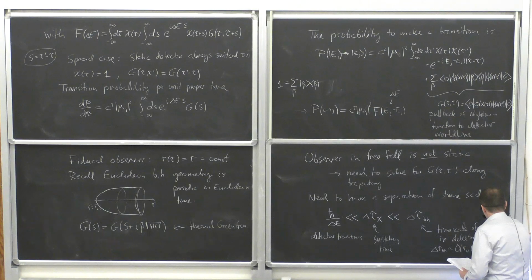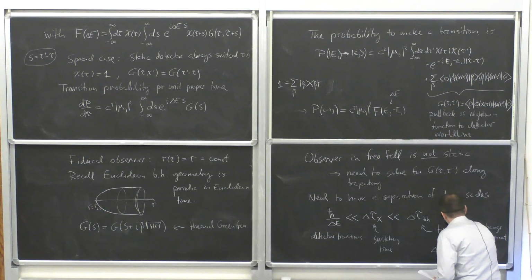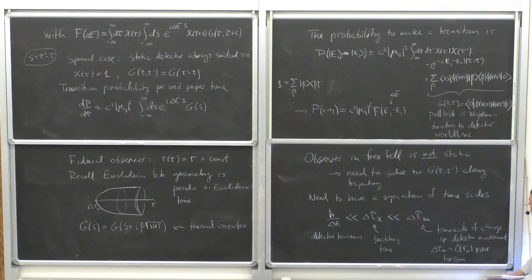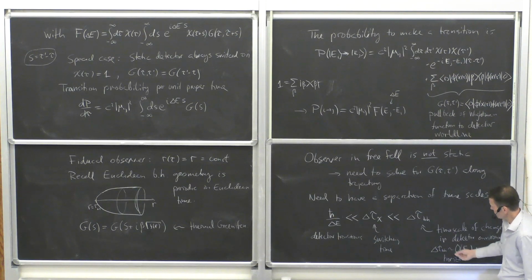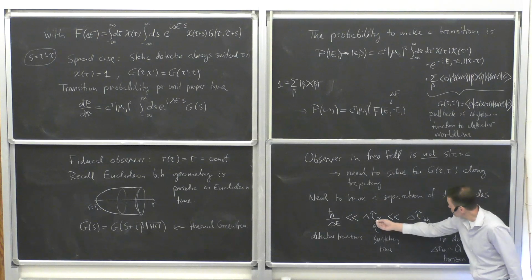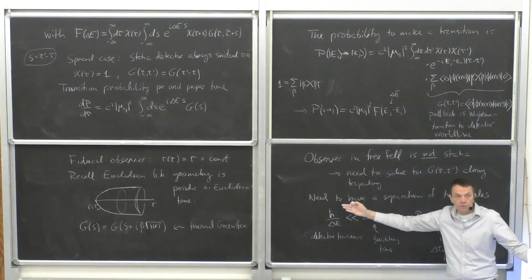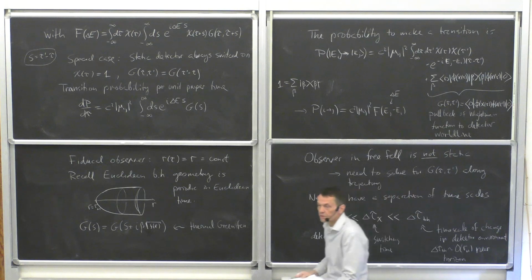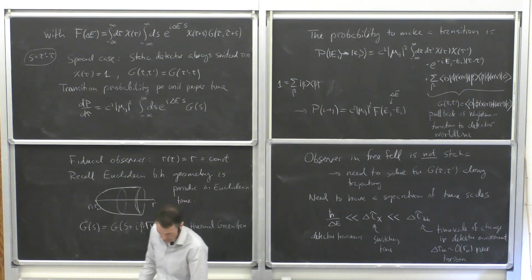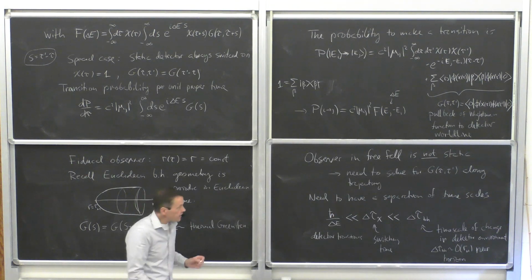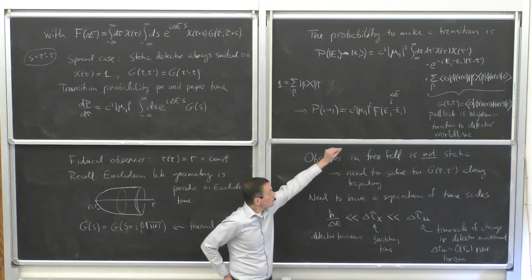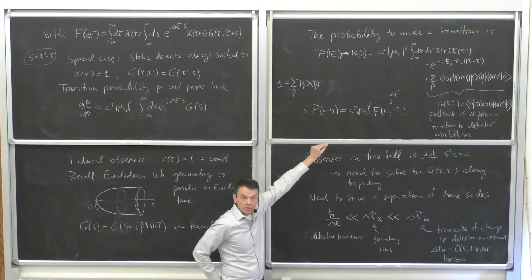So if you are near the horizon falling into a black hole, you'd better be able to do your measurements on a time scale that's short compared to that, because if your detector is on for much longer than this, you're doing some sort of averaging over temperatures in a range.